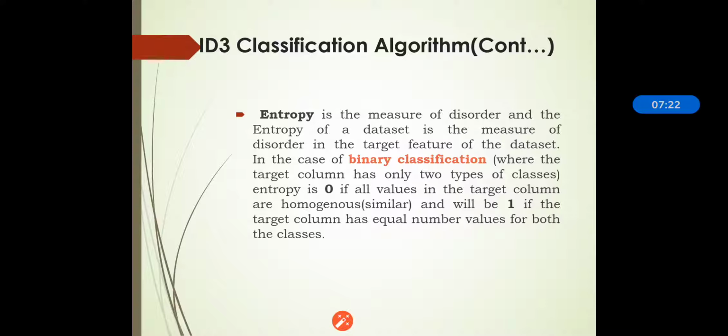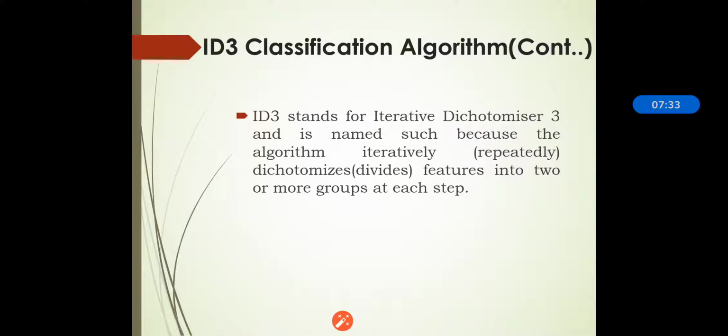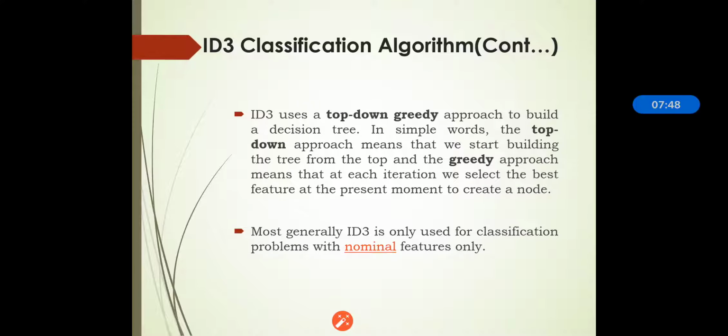ID3 is an iterative algorithm. Why is it called so? Because it is used for building the decision tree. It is the Iterative Dichotomiser because it is built in such a way that it iteratively dichotomizes features into various groups, using information gain.